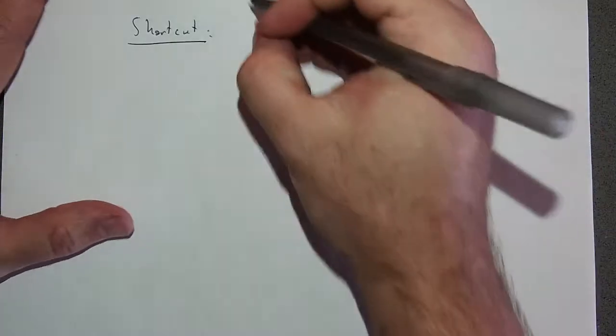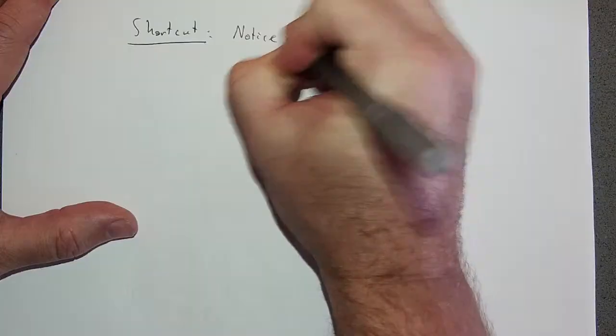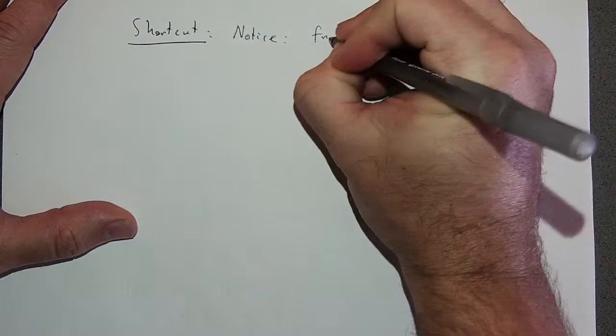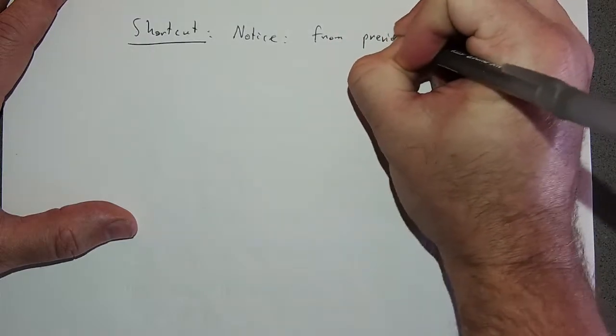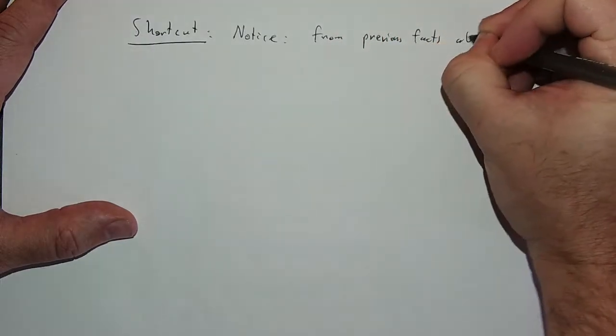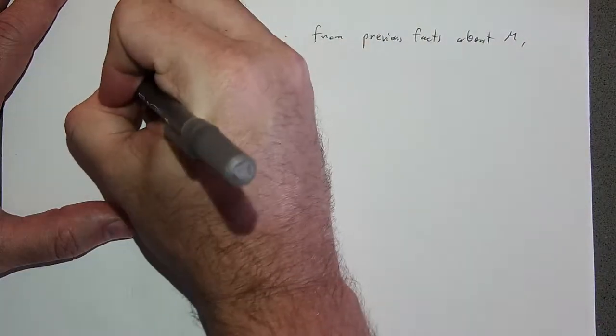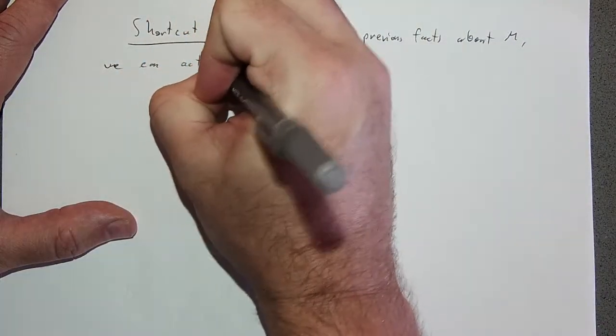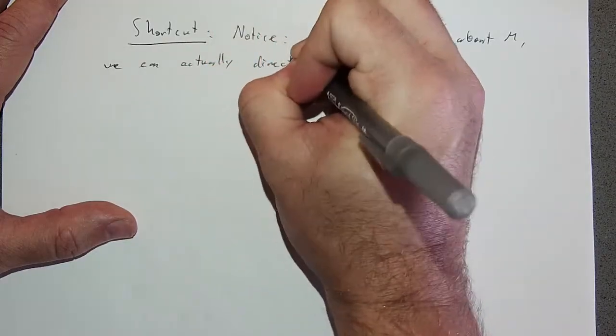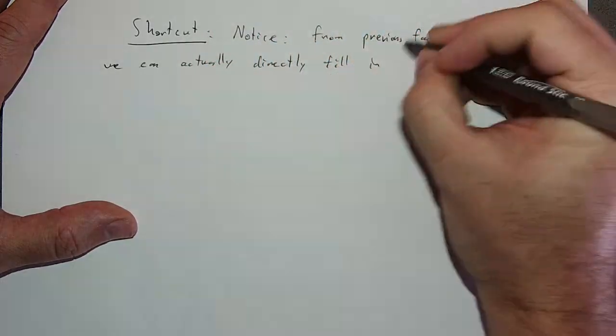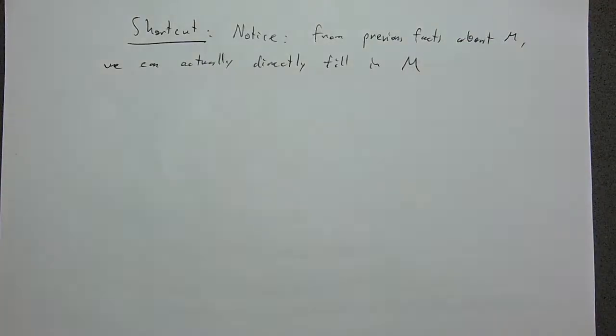So what is this shortcut? Notice, from previous facts about the matrix M, we can actually directly fill in the matrix M. The right-hand side vector, we'll talk about how we get that in a second.